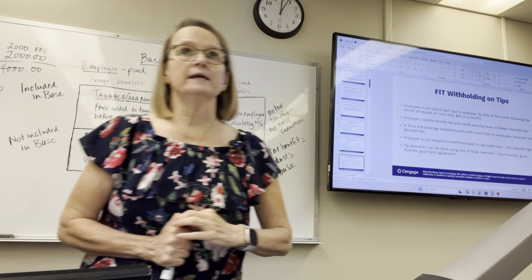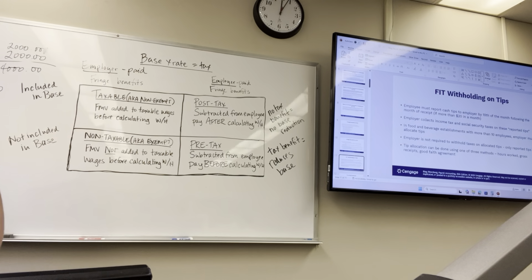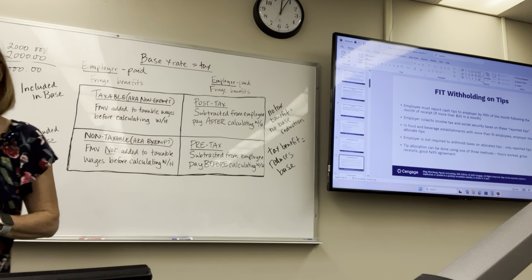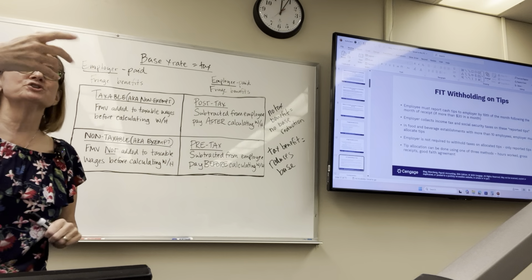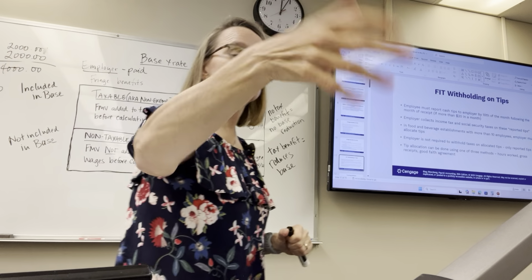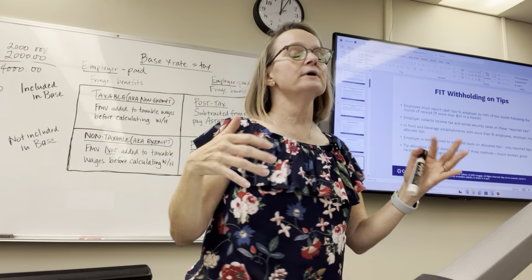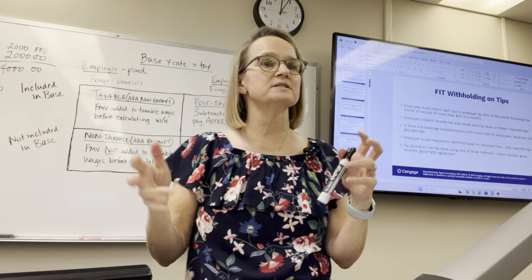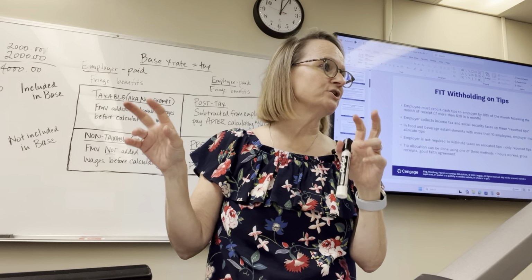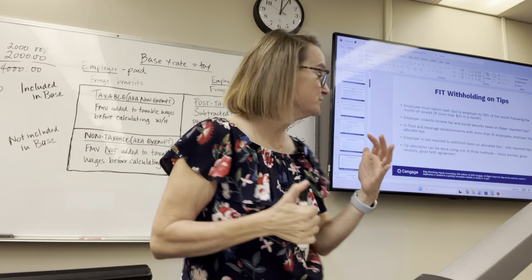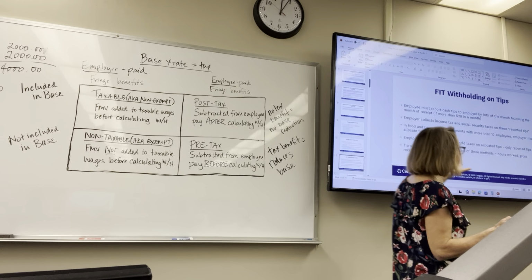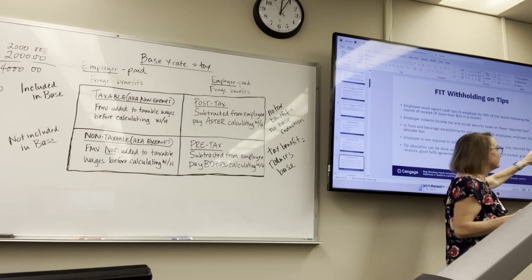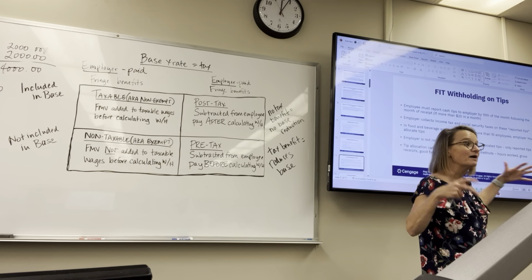If the employee is reporting actual tips that they received, there are 2 ways to report tips. One is you report what you actually received to your employer. The other is that the employer allocates tips, which is essentially just an assumption of how much you made in tips. That assumption is going to be based on either the number of hours that you worked, or the gross receipts, so how much you made in sales.